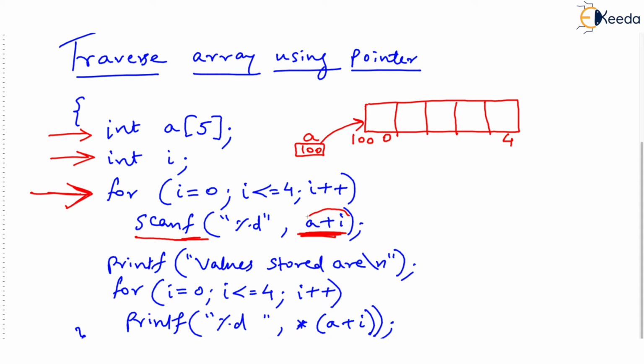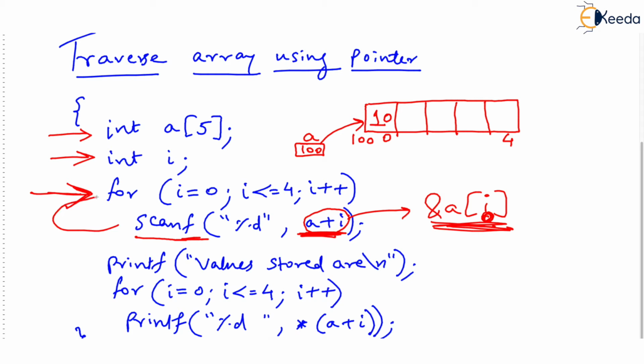This A plus I written here is equivalent to &A[I]. That means to the scanf we are giving the address of A[I], and currently I is 0, so we are giving the address of A[0]. Then whatever value the user enters, maybe 10, will go at the address of A[I], that is, the address of A[0] will store 10.